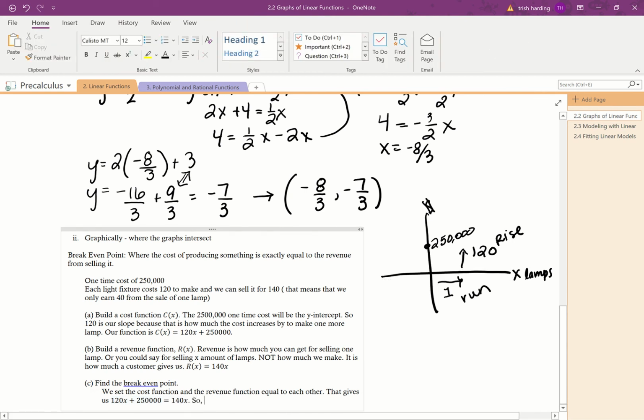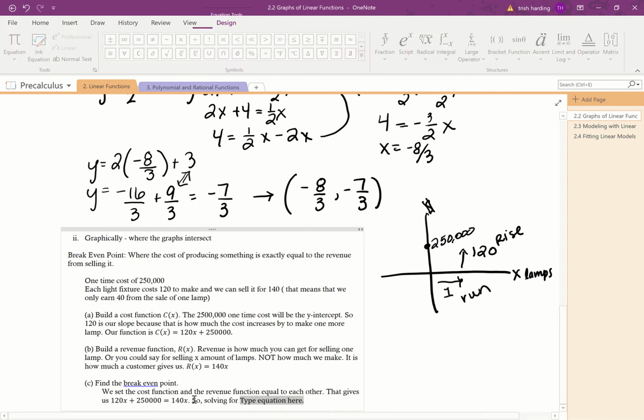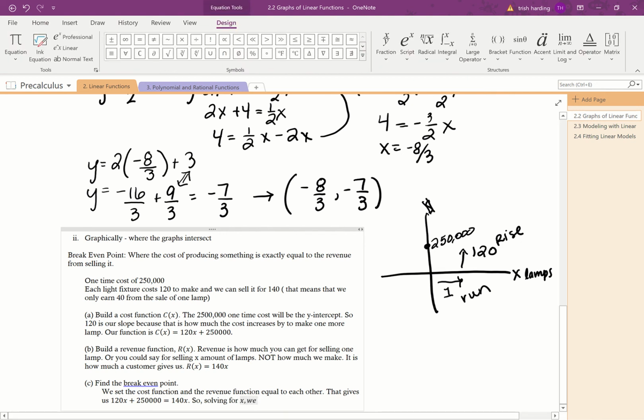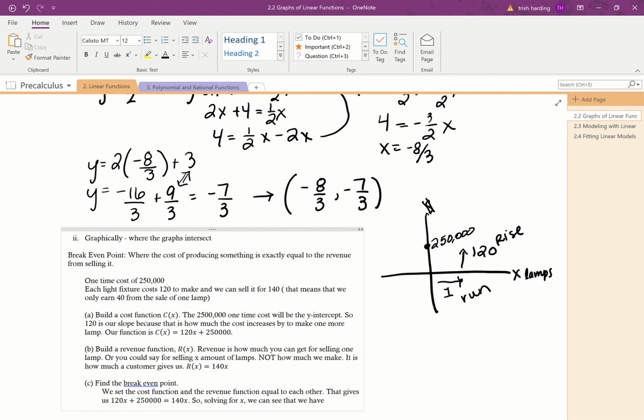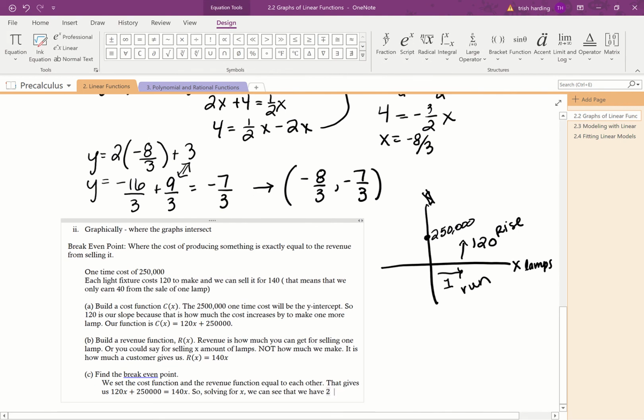So, solving for x, we have 250,000 equals 20x.